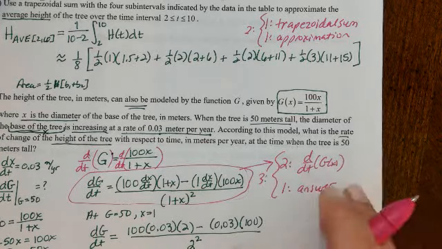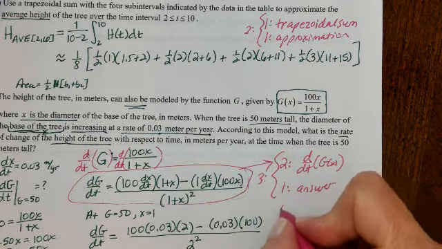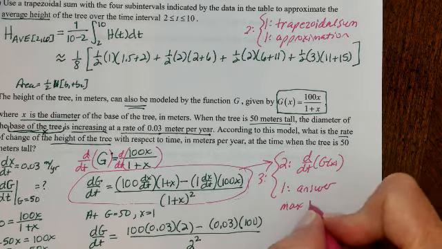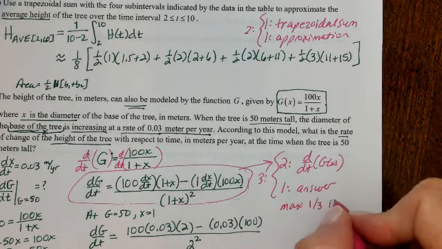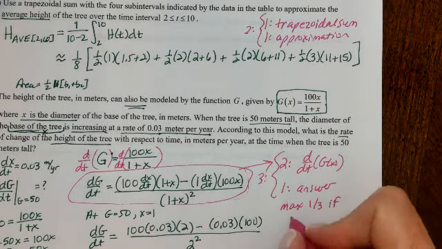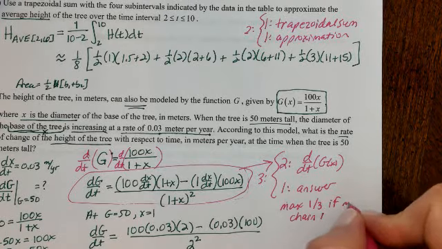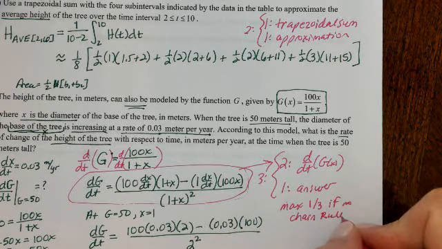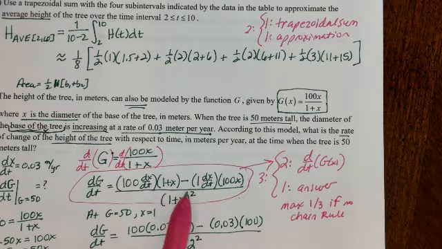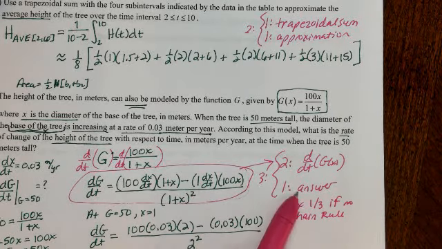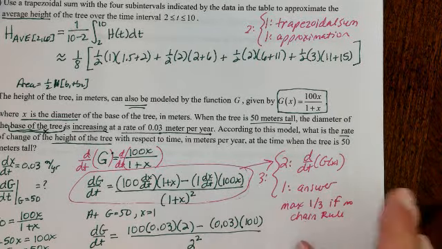Little side note for the scoring on this one, they gave a maximum of 1 out of 3 if we did not use the chain rule, that implicit differentiation. So if we didn't do the dx/dt here, at most we would have gotten 1 out of the 3 points.